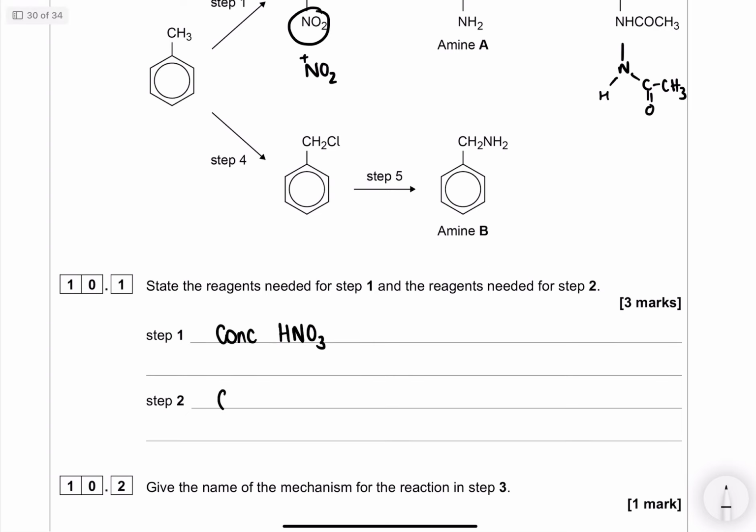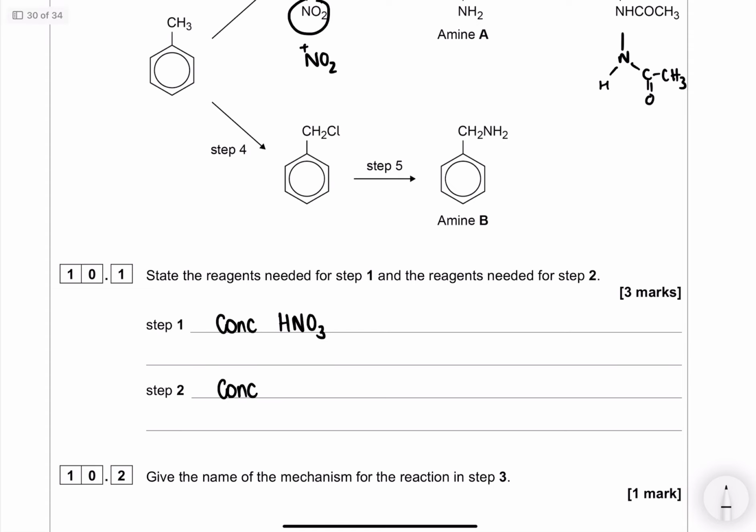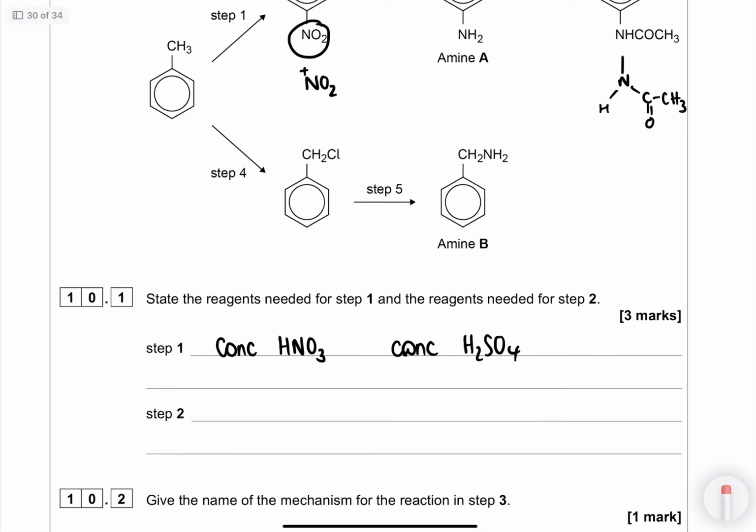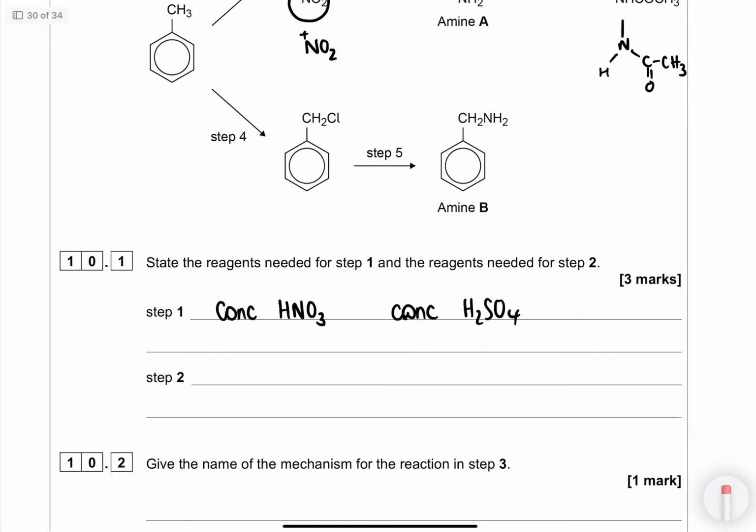We need a catalyst to generate that electrophile, so that would be concentrated sulfuric acid. Those two are both needed in step 1. And then in step 2, how do we reduce an aromatic nitro into an amine? That is tin and concentrated HCl.